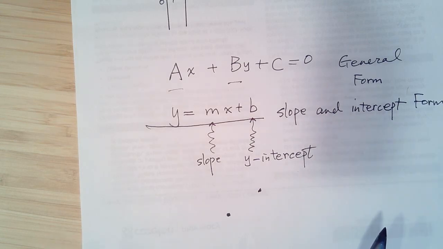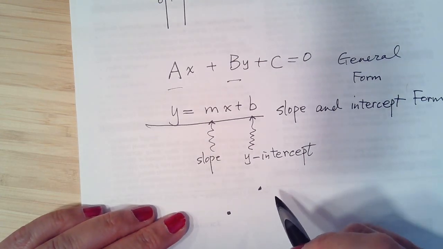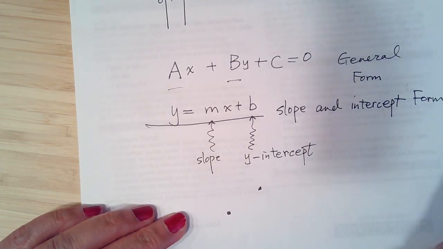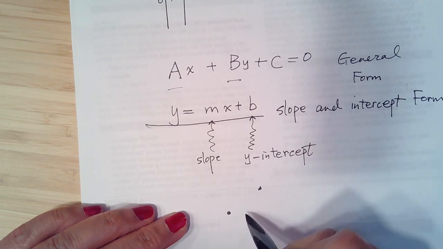Sure, because if you use y2 minus y1 over x2 minus x1, rise over run, changing y divided by changing x, you get the slope.